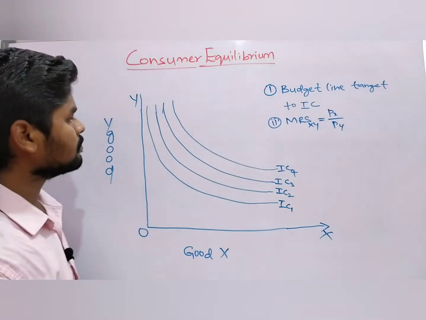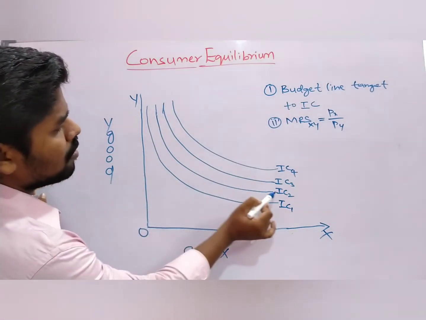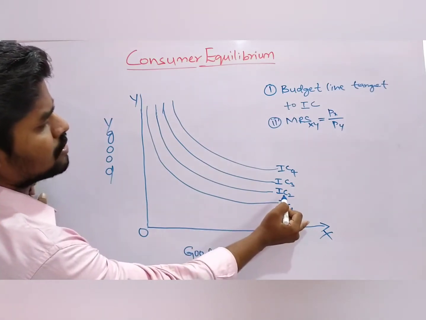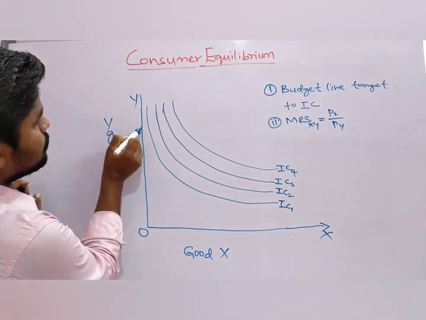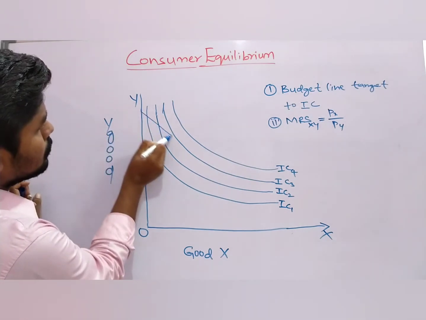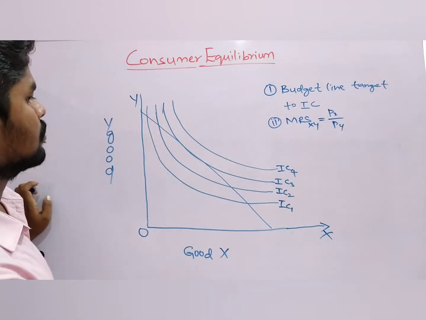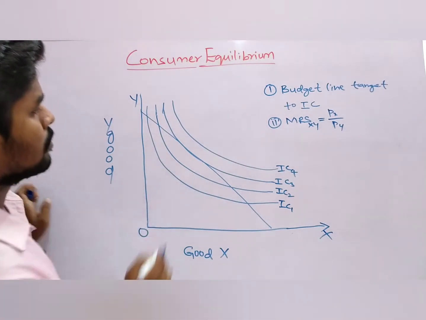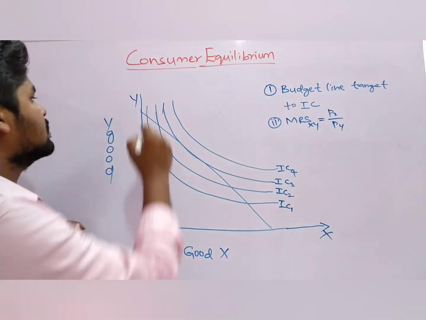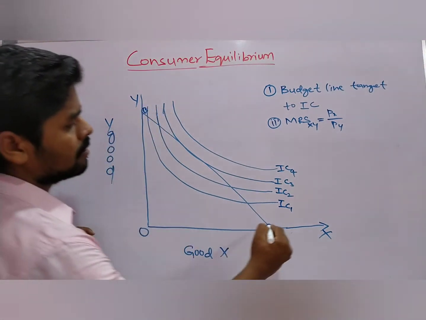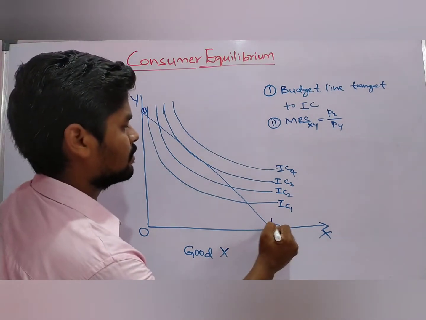See here, the budget line. For example, the consumer wants to get satisfaction here. This is B, this is L, the budget line.